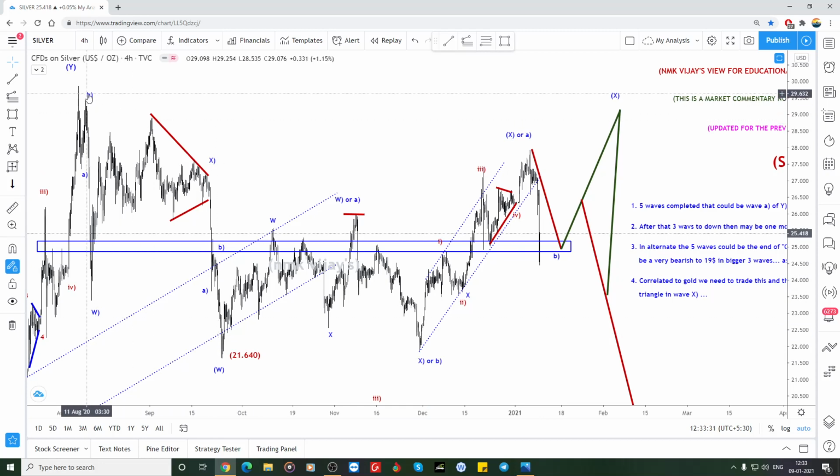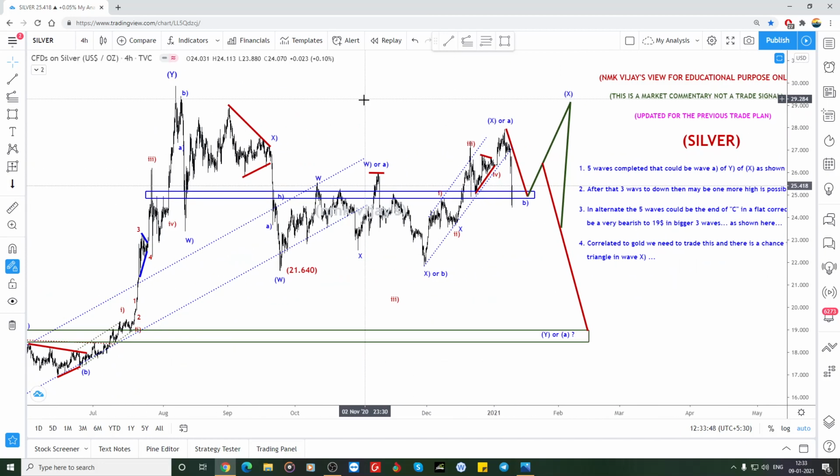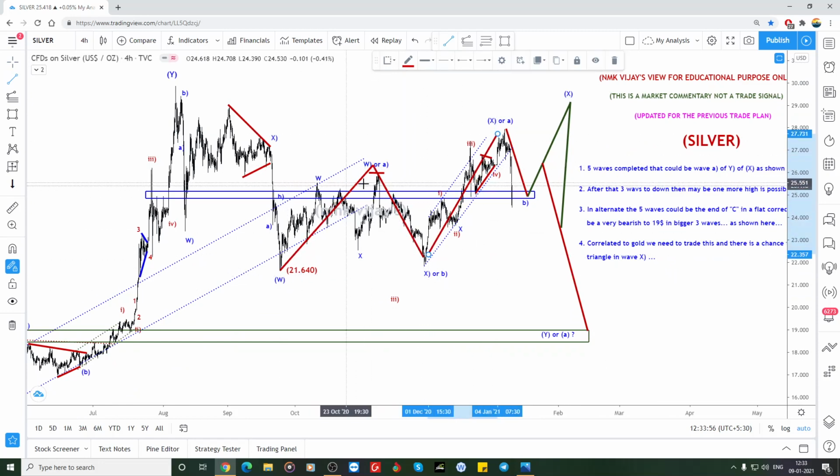So this ABC is a W, X, ABC, this is a W, and this is the X. If we place this as a W, X, this 5-wave structure becomes A, then B, and then C. So here it's a very clear picture, because this is a 1, A, B, and C is completed. If we place this as a WX, one more wave to the upper side is possible.